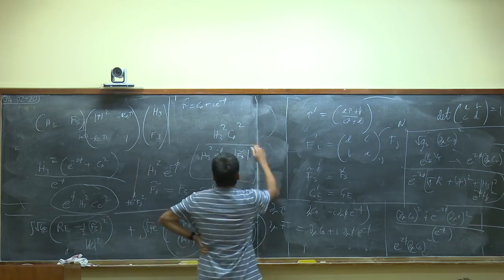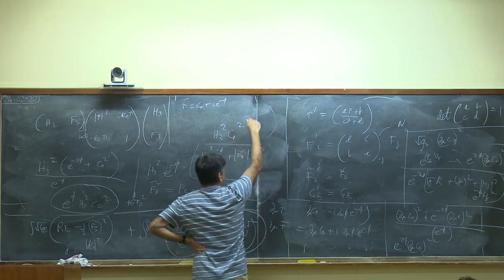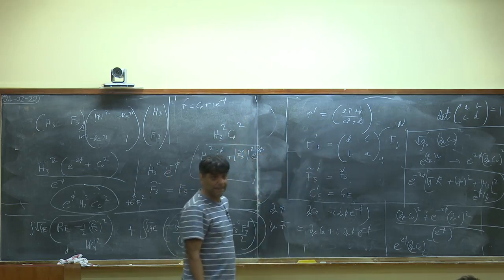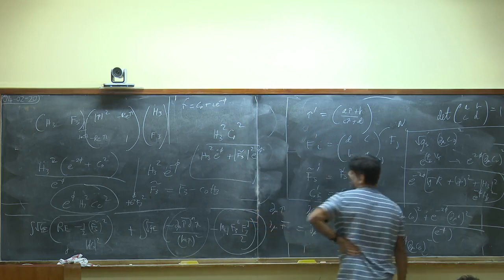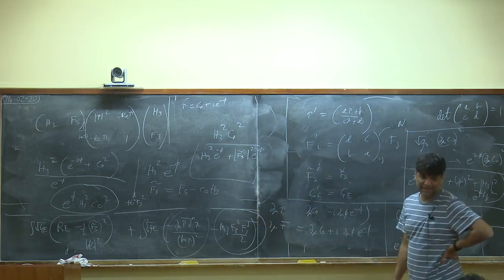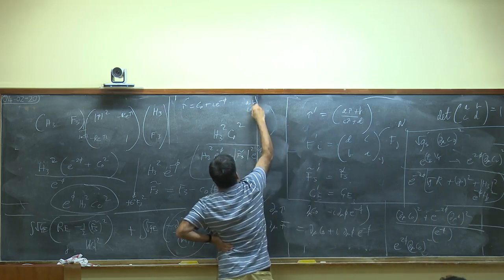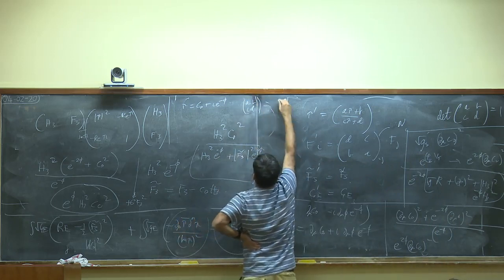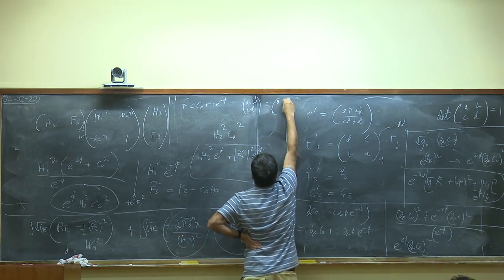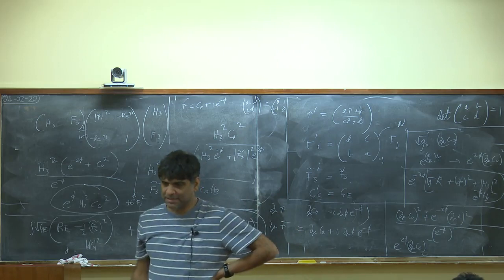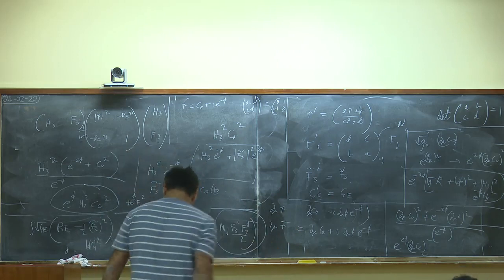And how did it transform? It transformed like tau prime equals (a tau plus b) over (c tau plus d). Now we needed to make the determinant 1. Let us choose the matrix (a, b, c, d) equals (0, 1, minus 1, 0). This makes the determinant 1. It's a fine SL2R element.